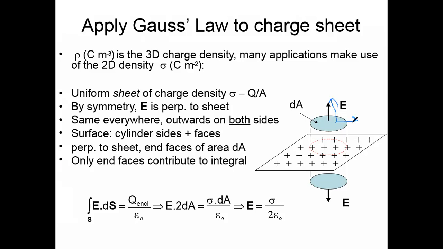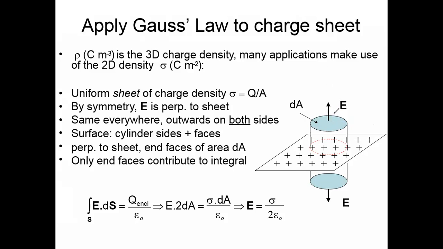If this is your surface, this blue shaded portion, how will you represent the area vector? The concept of area vector is that it is always the outward normal to the surface. So what will be the direction, this vertical side or this horizontal side? Which one will be the direction of the normal area vector? Vertical one. This will be the vertical one.